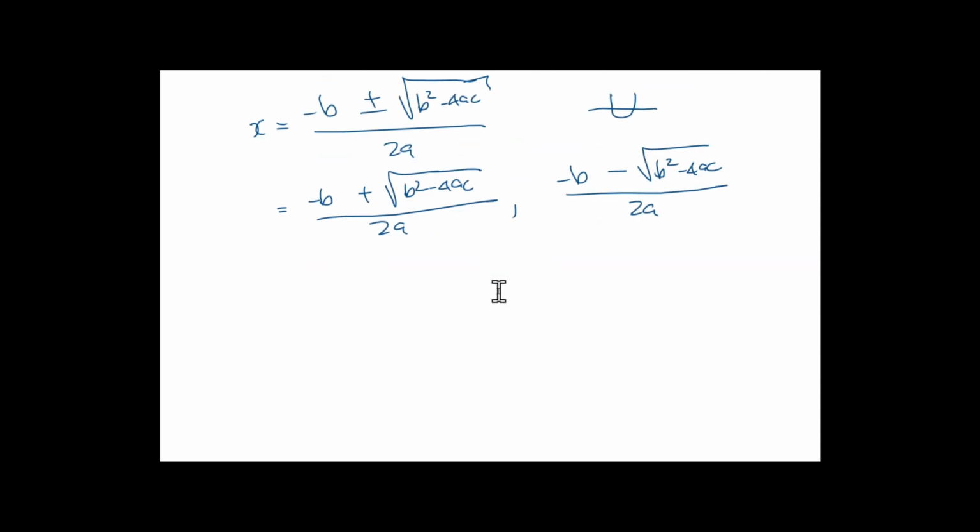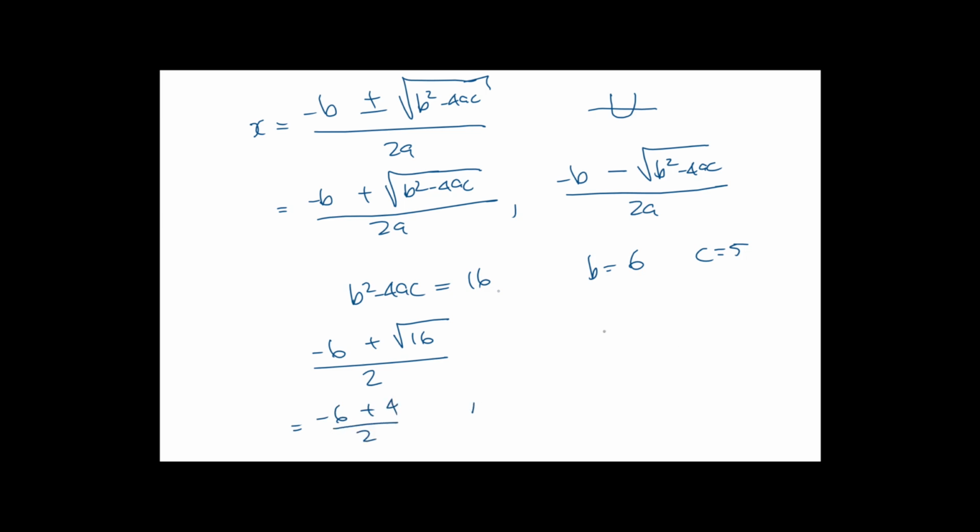So in this case, we know that b squared minus 4ac equals 16. We worked it out just before. And we know that b is 6 and c is 5. Therefore, minus b is going to be minus 6 plus the square root of 16, which is 4, all over 2 times a, and 2 times 1 is 2. That's going to be minus 6 plus 4 over 2, and minus 6 minus 4 over 2.